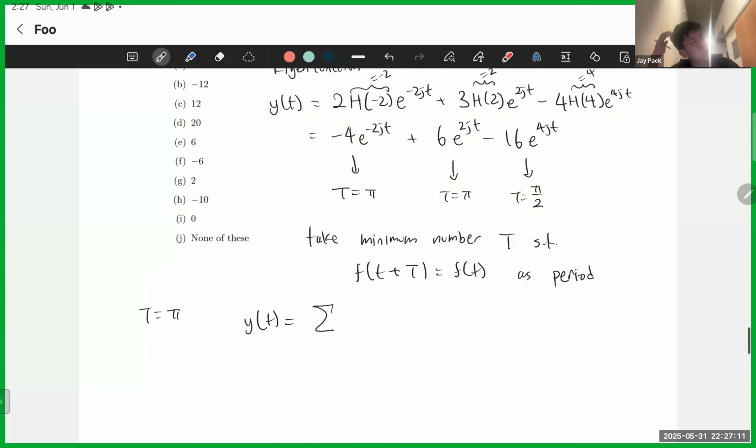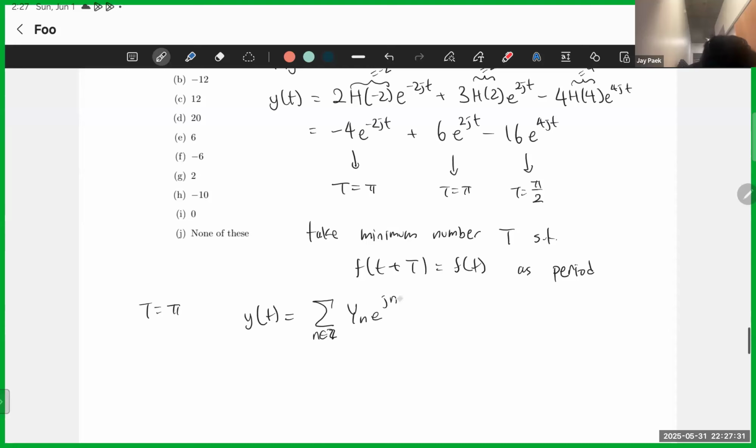I guess you could do it in so many different ways. Whatever. It's equal to the sum over n of a_n e to the j n omega naught t. So it's j n 2t. There we go.